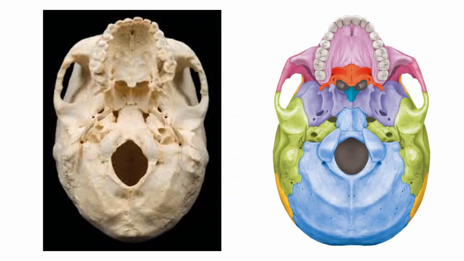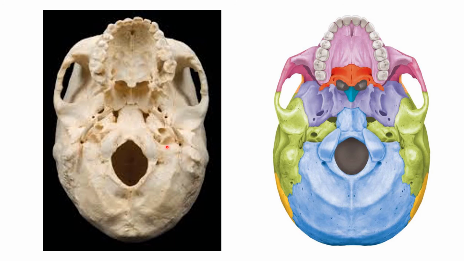Now the next figure has several structures that we named in the next group. We have the Foramen Ovale, which is kind of oval shaped. Here it is right here. Here's the Carotid Canal. Now we barely see the jugular foramen, because it's coming at an angle.